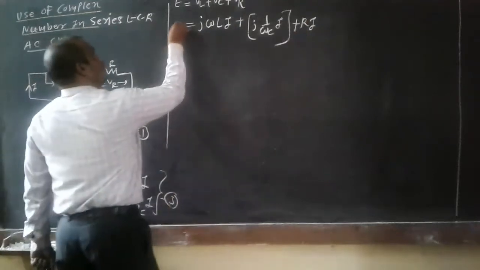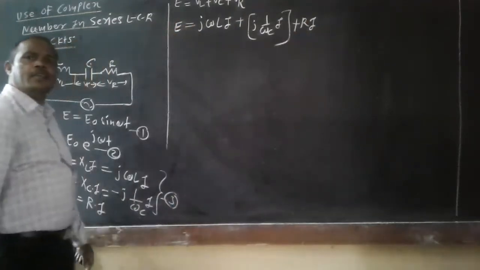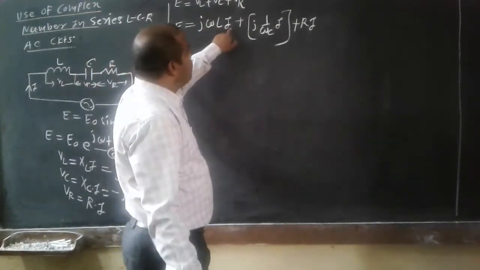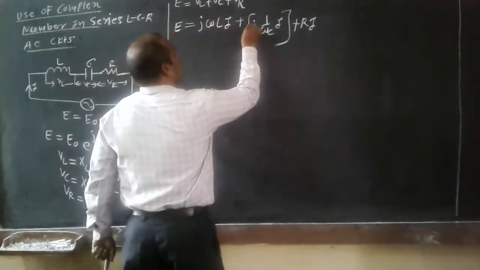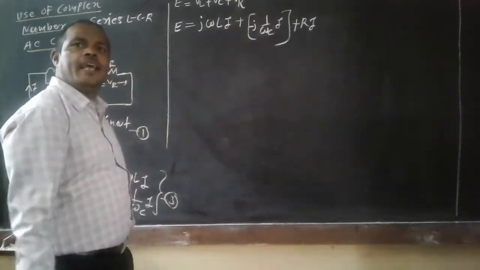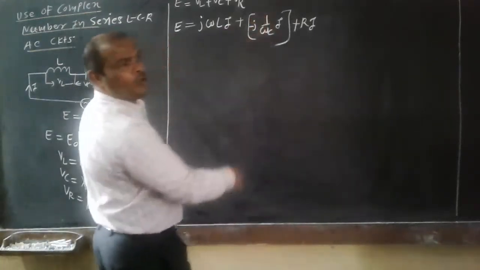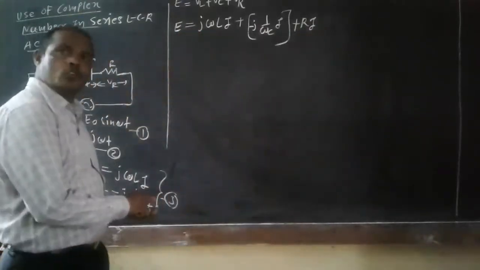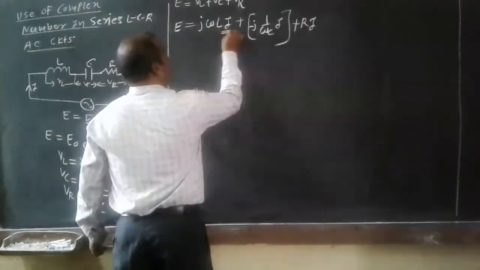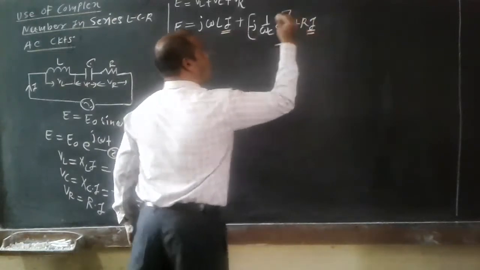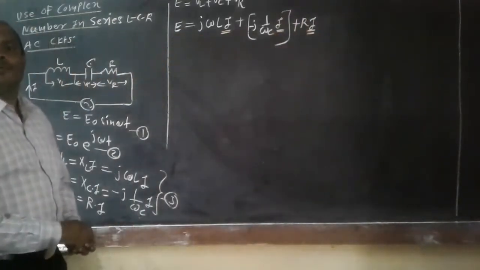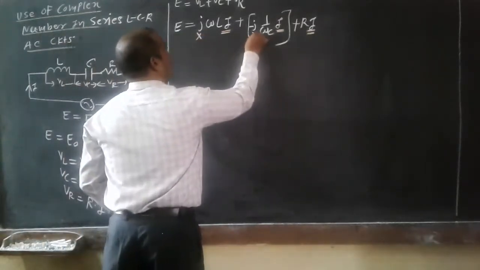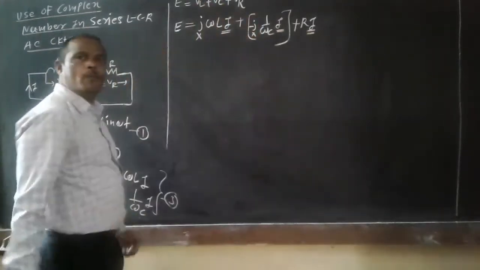So we get the new equation, E is equal to j omega L I, then minus j into 1 upon omega C into I, plus R into I. Take I common from all three terms, and also take j common from the first two terms.